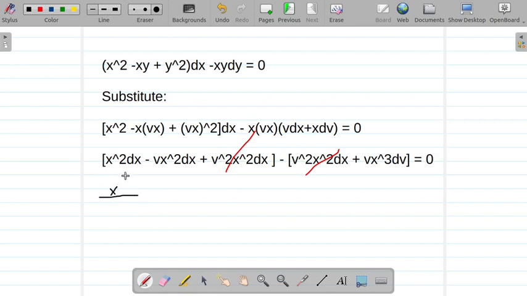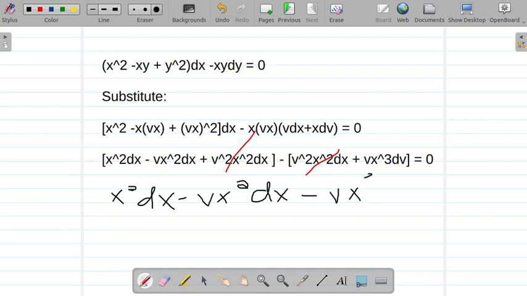x squared dx minus v x squared dx minus v x to the power of 3 dv.